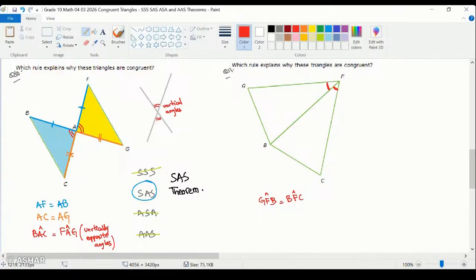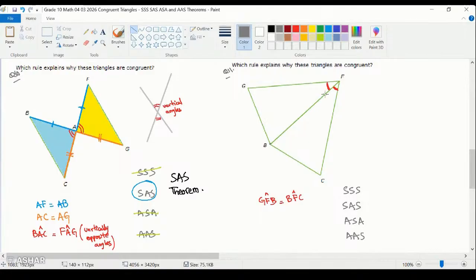See, we know that one angle was already given to us, right? And we have properties over here: side, side, side, side, angle, side, angle, and angle, side. We need to have at least three things given to us. Can we say that any side is equal?